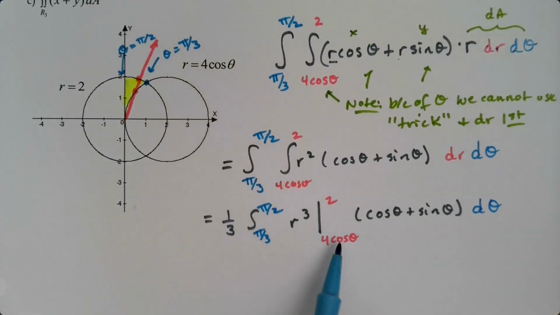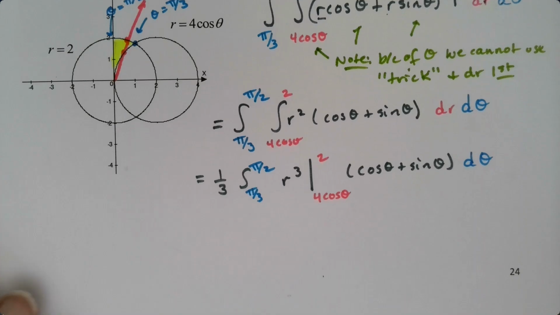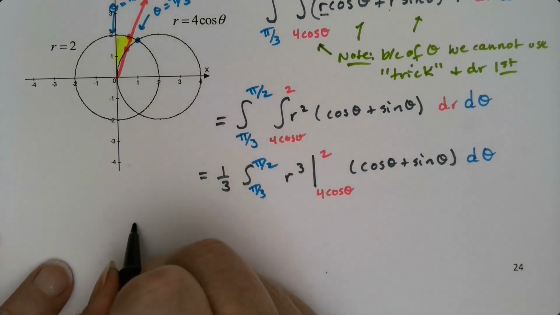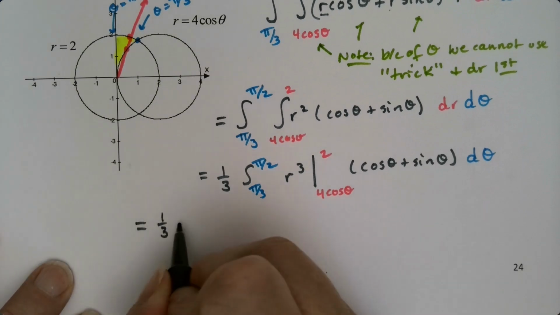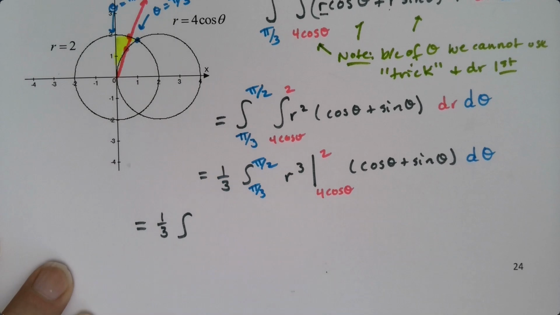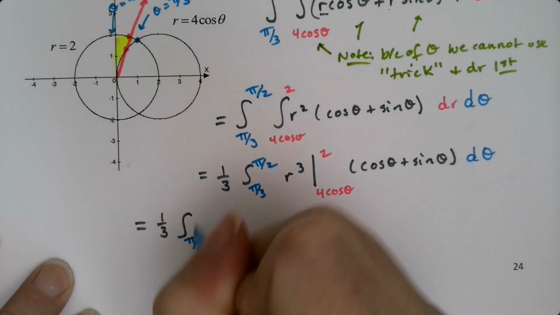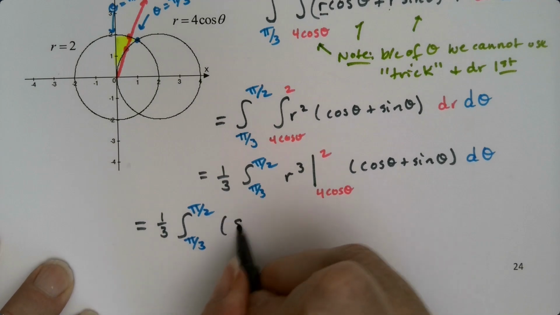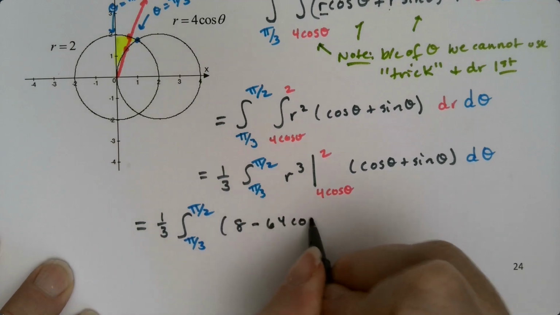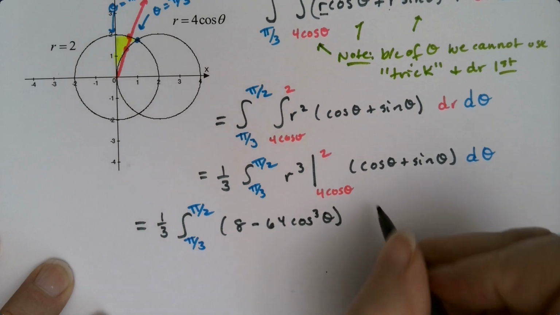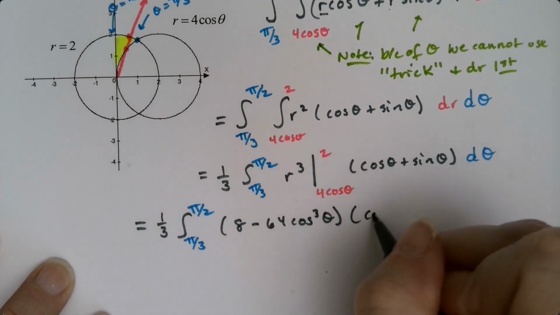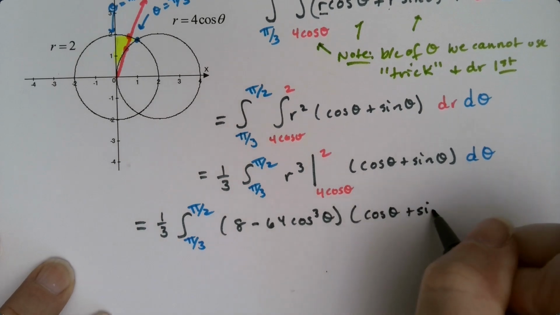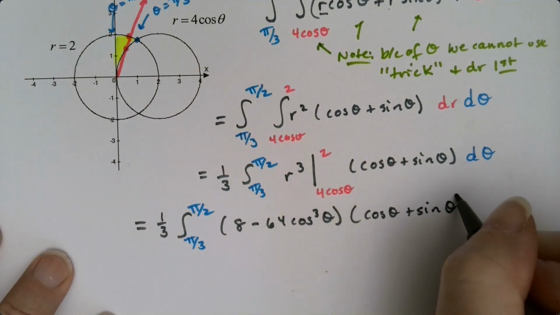And then I'm going to stick 4 cosine theta into it, and that's 64 cosine cubed. So this whole thing becomes 1/3 integral from pi over 3 to pi over 2 of 8 take away 64 cosine cubed theta times cosine of theta plus sine of theta d theta.